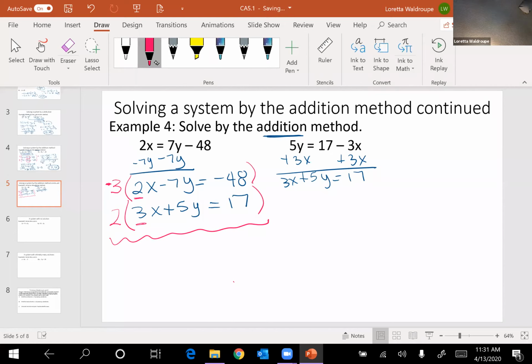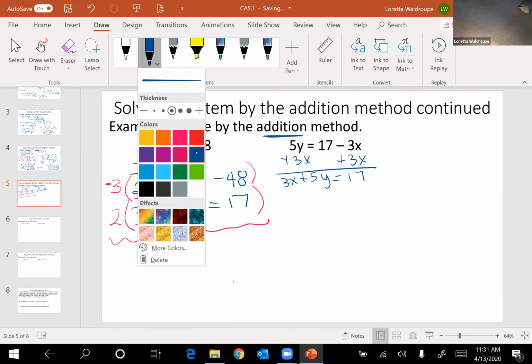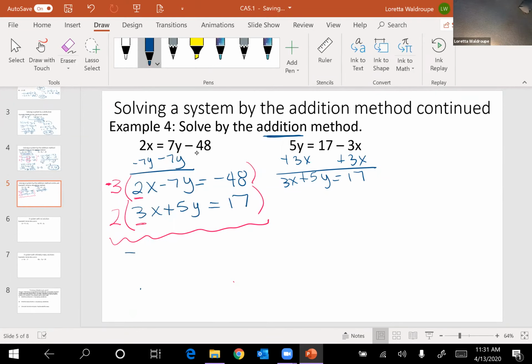So multiplying, now I have negative 6x plus 21y equals 144, I believe. So let me double check that. Yes.